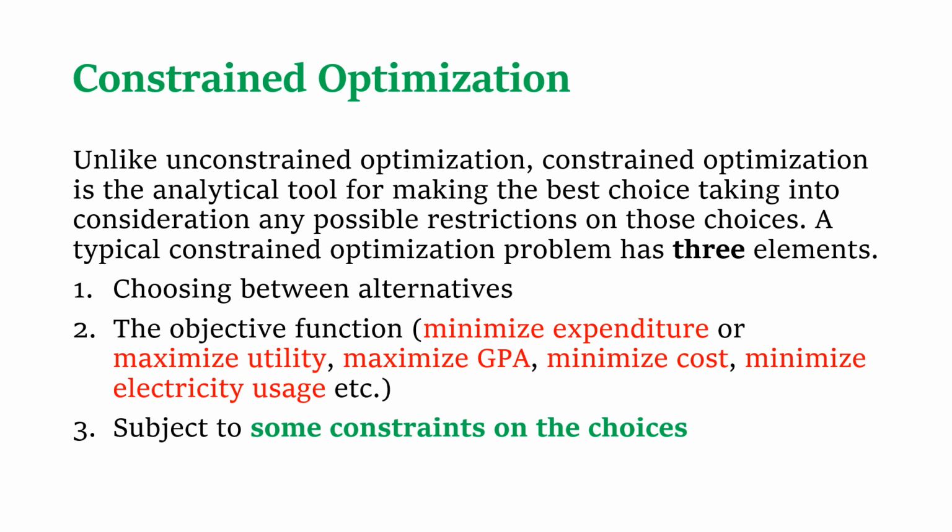One, you choose between alternatives. For example, you have so many options, you choose between them to maximize your satisfaction or utility, or maximize your profits, or minimize the cost. So the objective function becomes minimize your expenditure, maximize your GPA score, minimize cost, minimize electricity usage, etc. These are all objective functions subject to some constraints on the choices.